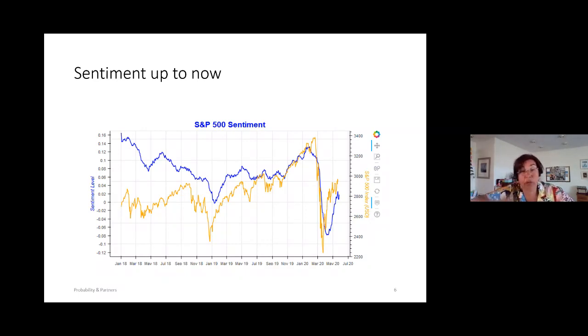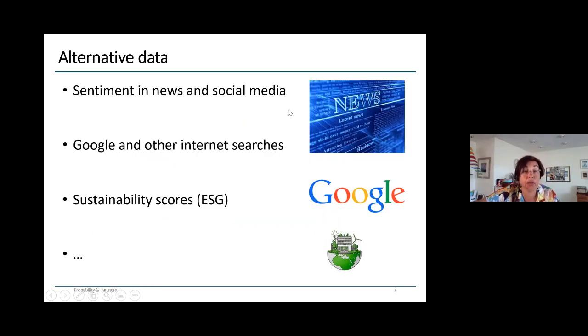And this is not, by the way, restricted to the stock market as a whole, but this can go down all the way to sectors, to industries, to individual companies. So using this kind of powerful alternative data sources such as sentiment and also others, which I will mention later on, for example, Google and other internet searches, so Google Trends, which I'm going to show some example of now, but also things like sustainability scores.